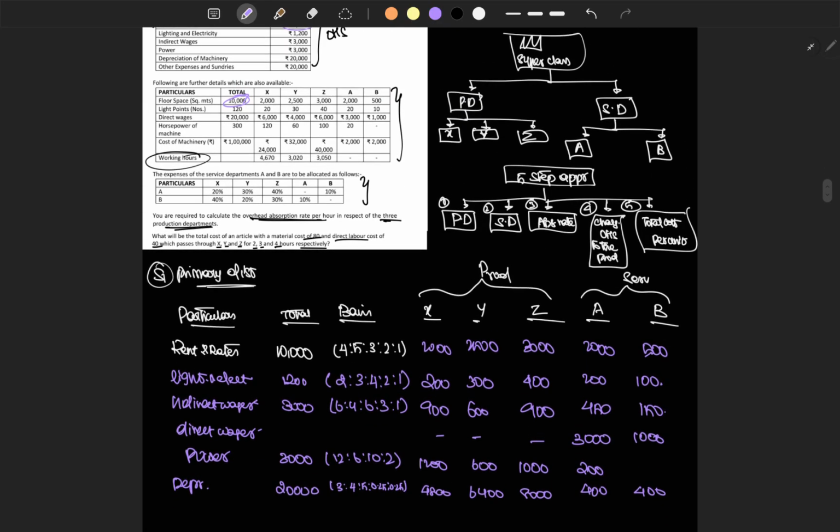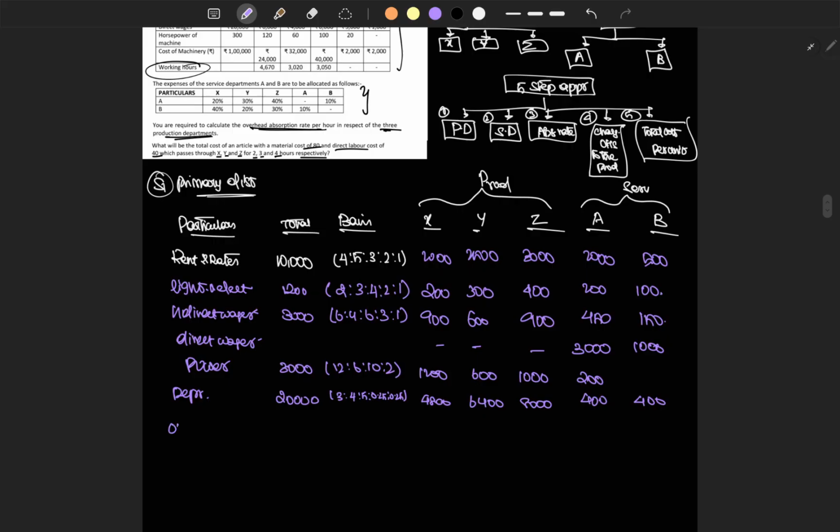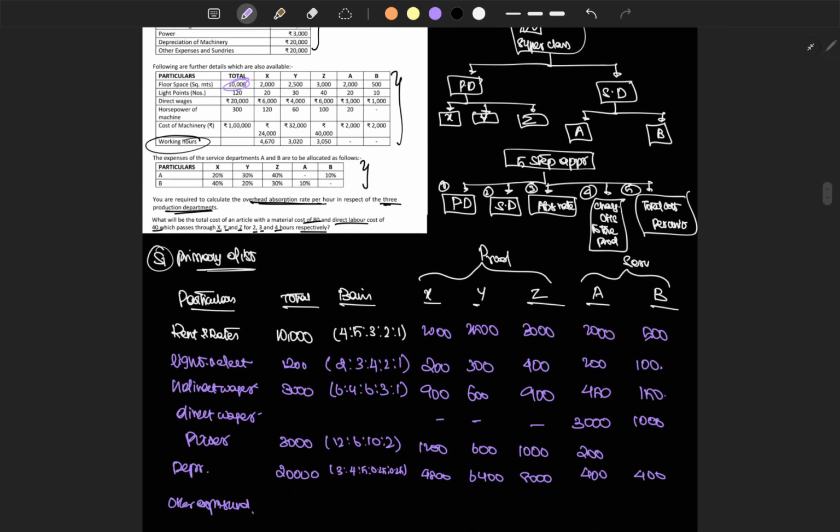Right? So the last one is other expenses and sundries, just 20,000. Okay, the other expenses and sundries are mostly incurred in the manufacturing departments only because of the labor. So let's take wages as a basis, and we'll split these expenses as it is.